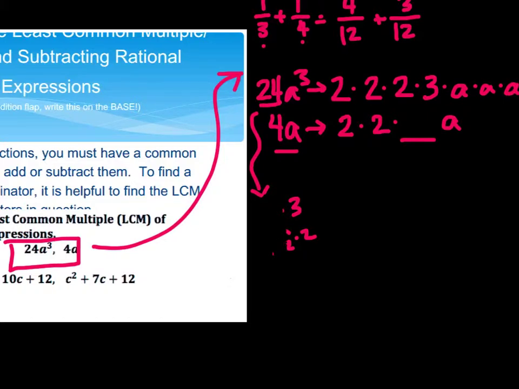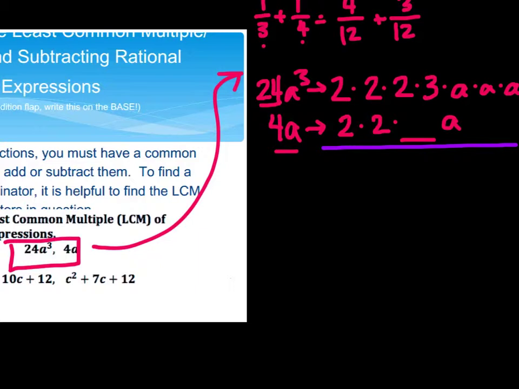Now we need to think vertically. We've been expanding our numbers horizontally into prime factorization form, and what we're going to do now is find the LCM, the least common multiple.